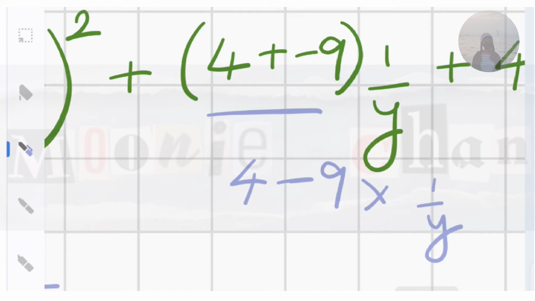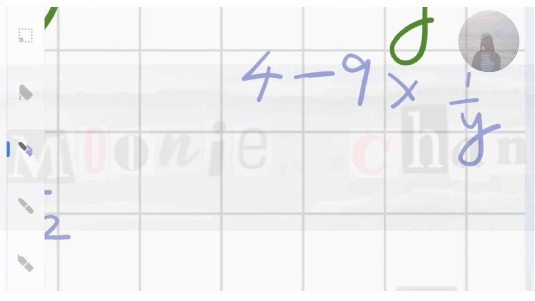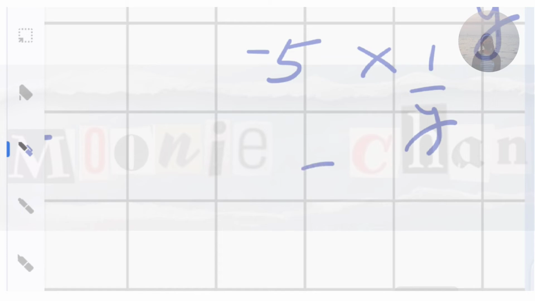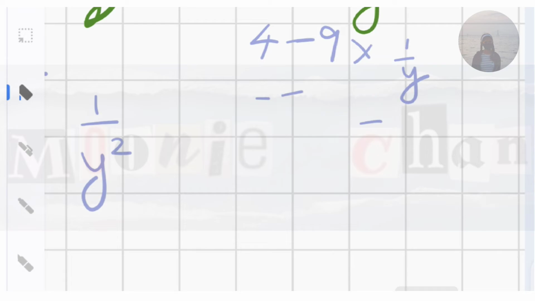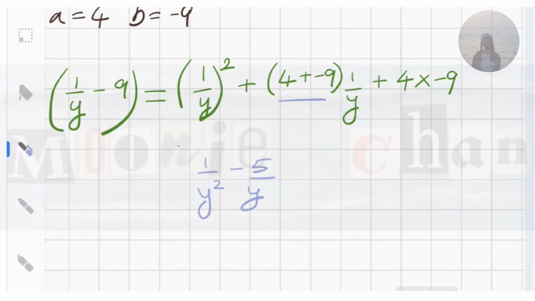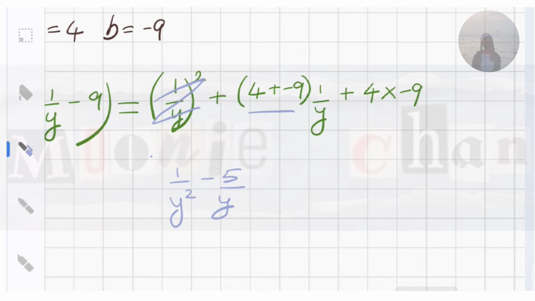So 4 minus 9 will be negative 5 into 1 upon y, which will be negative 5 upon y. So let's write this answer over here. Okay, over here. Sorry. What was it? Negative 5 upon y.